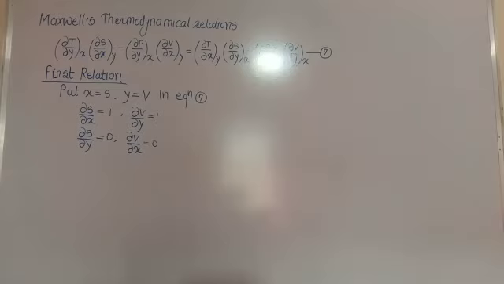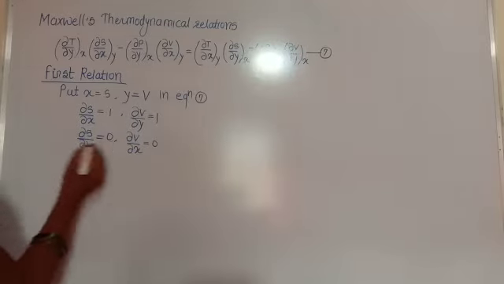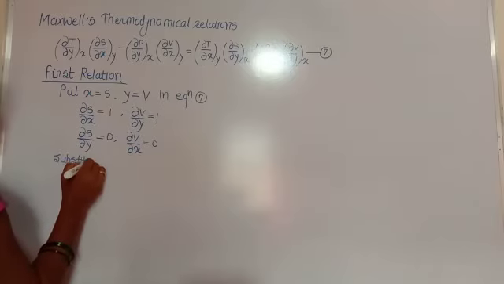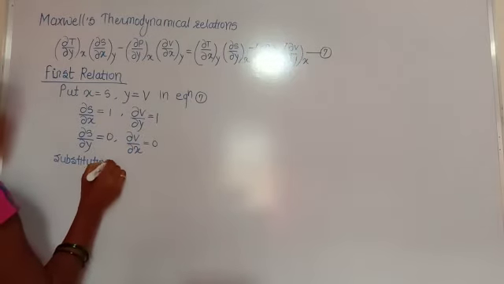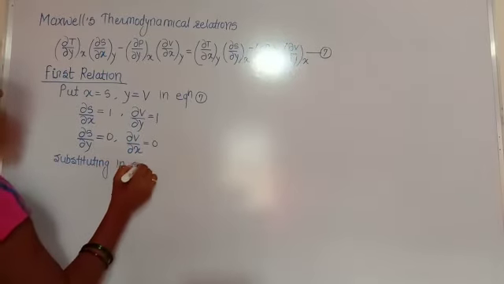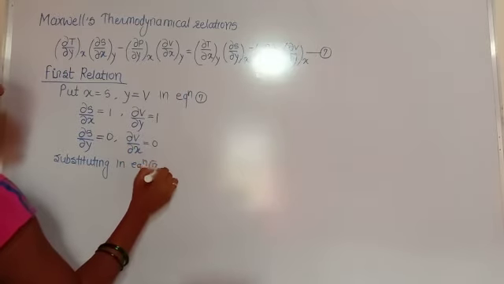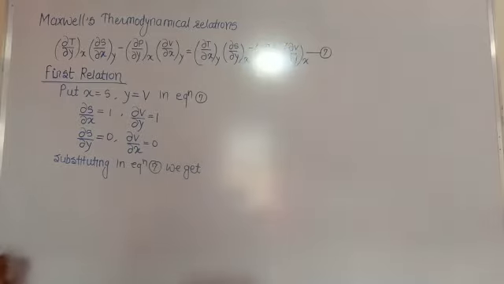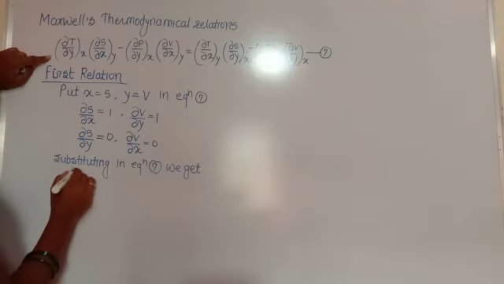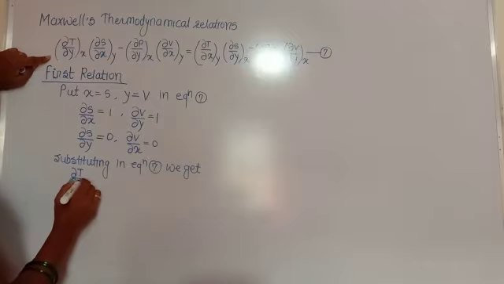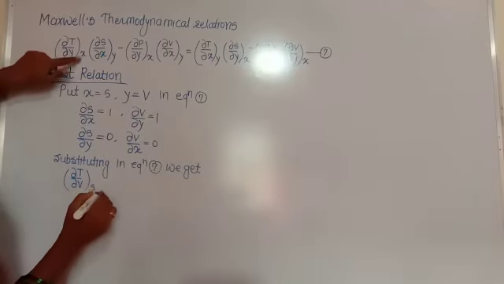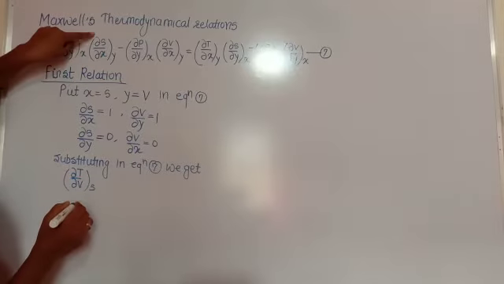Substituting in equation 7, we get del T by del y, that is del T by del V at constant S, into del S by del x.